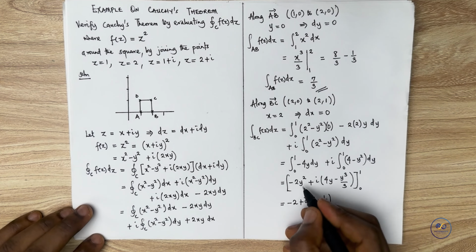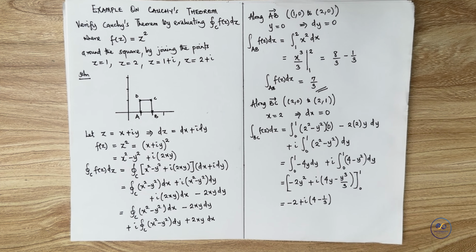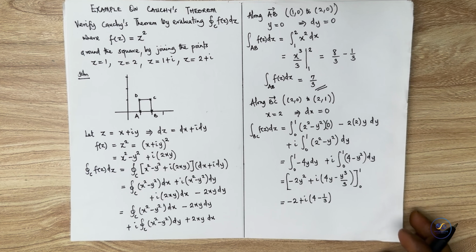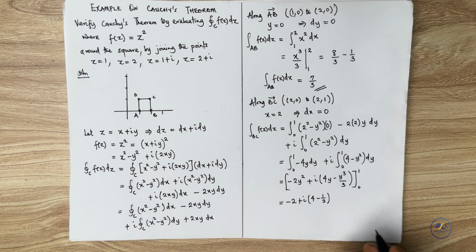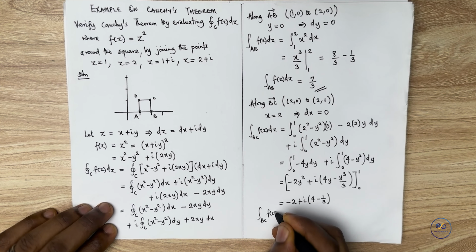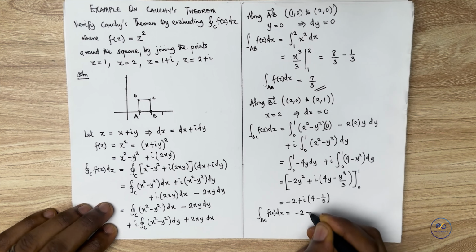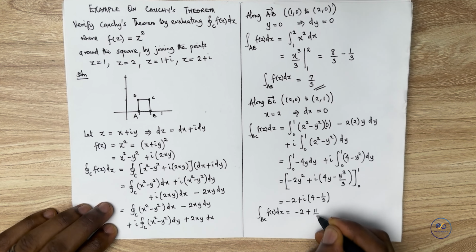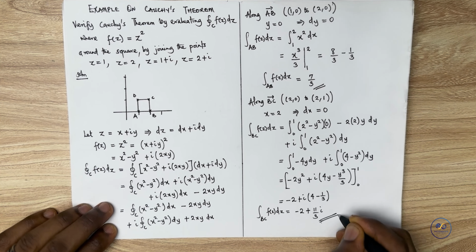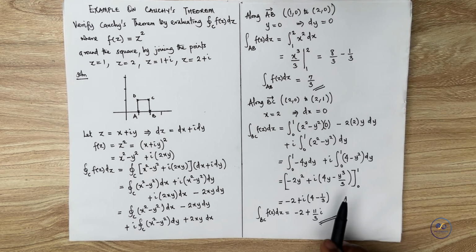And then the lower bound, which is 0, cancels every other thing out. So the integral along BC of f of z dz would simply be minus 2 plus 11 over 3 i.